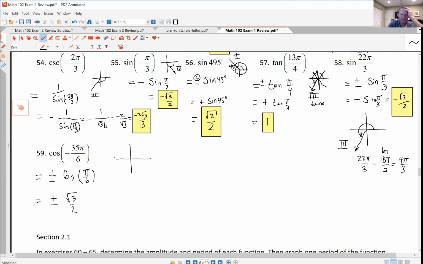Negative 35 pi over 6. If it was a 6 pi, that would be three times around. And so 6 pi take away 35 pi over 6 is 36. That's a pi over 6.